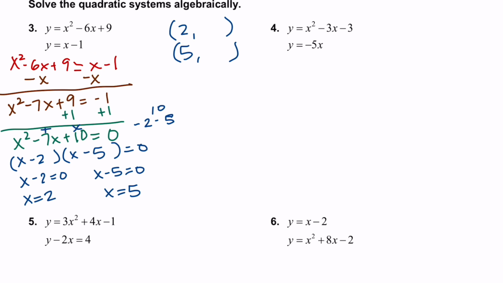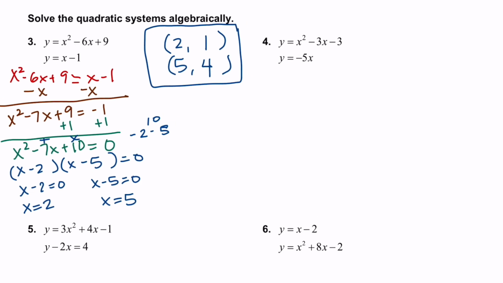If I take my 2 and substitute it in for x, 2 minus 1 is a 1. So that is what I would get for my y value. And if I substitute the 5 in for x, 5 minus 1 is a 4. So I get a 4 for my y value. So these would be the two ordered pairs where the solution intersects.